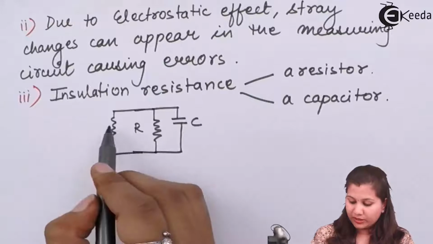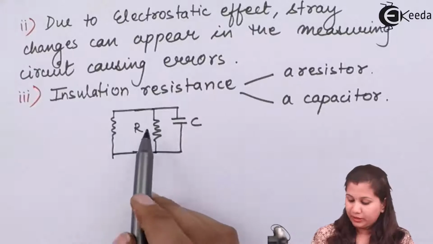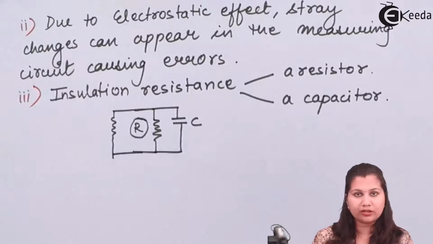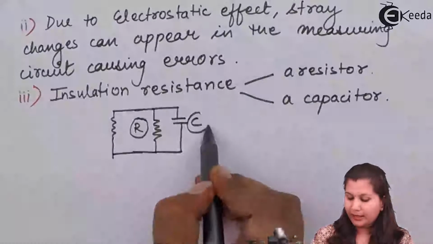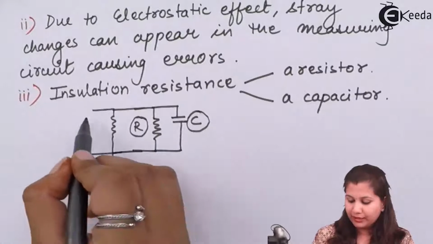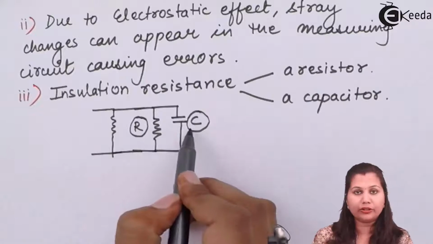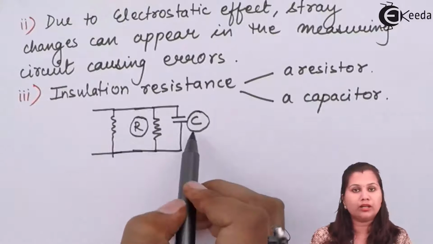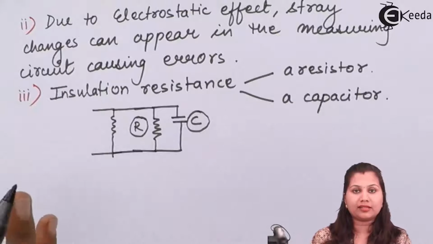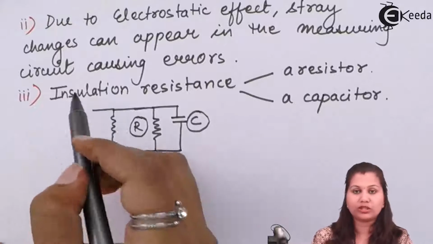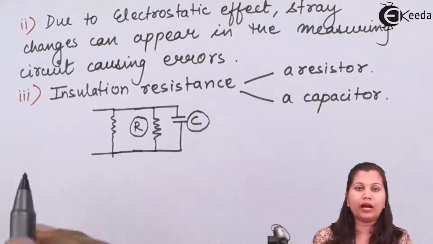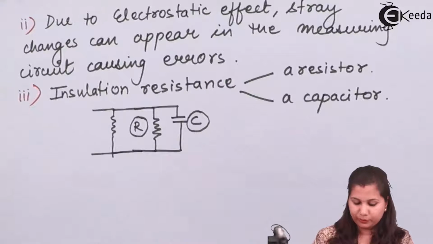This resistance value will be affected by the insulation resistor and also by this capacitor, and the current we measure will be the sum of the current through this resistor and through the capacitor. So the measured value of the current and the resistance will both be affected due to this insulation resistance, since it has both a capacitive part and a resistive part.